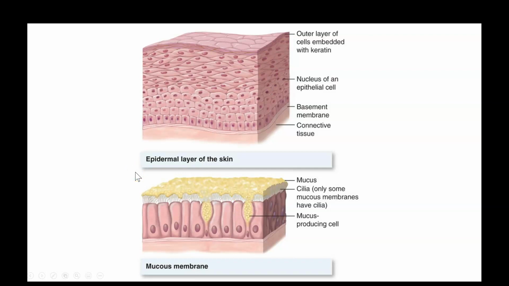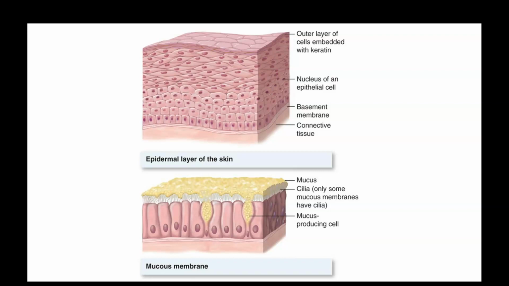So we want the mucus to move away from our lungs. We do not want bacteria in our lungs. That's a big problem if we have bacteria in our lungs. And we want it to move up near our, what is it? Epiglottis? I forget. We want it to basically move into our esophagus, right?